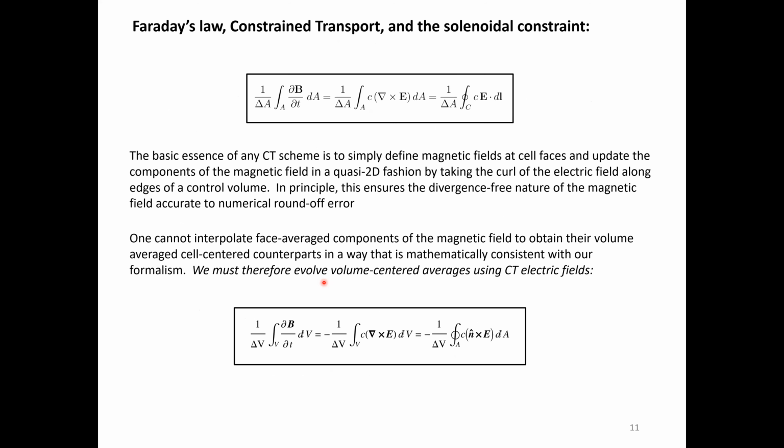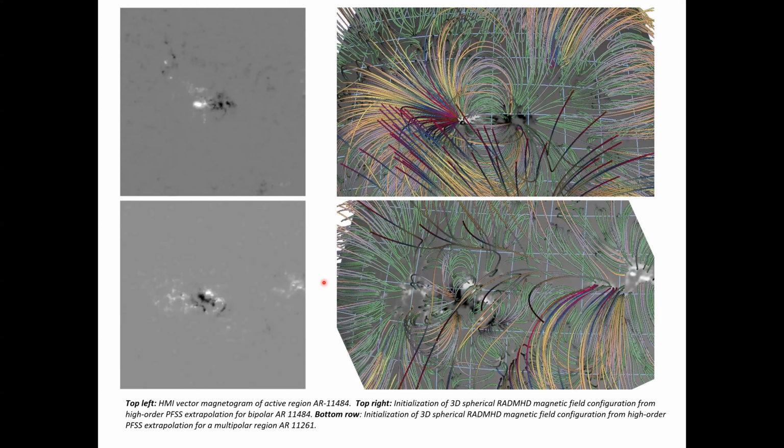And so now the scales are getting a little bit bigger. Obviously, we're not at the same resolution as the surface granulation simulations, but we do have a range of capabilities that at least give us a fighting chance of incorporating some of this really terrific vector magnetic field data.